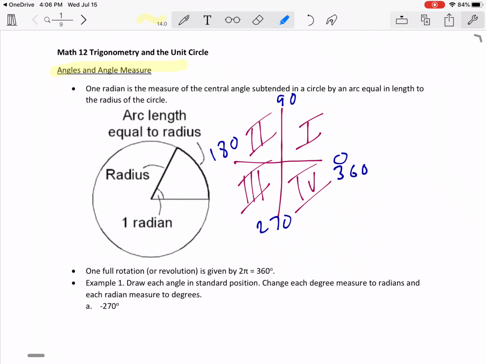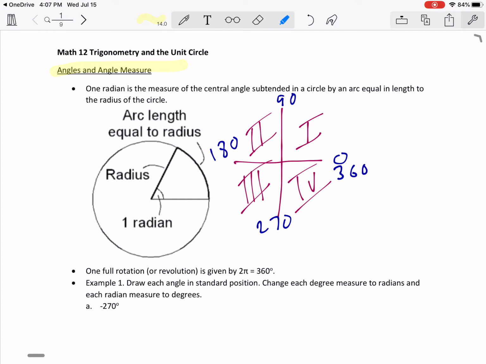So that's the angle that contains two radiuses that hit an arc, and that arc length is equal to the radius. Basically it's like a slice of pizza where you've got the two sides and also the curved exterior all of the same length, and that's the length of the radius. That's what we define as a radian.